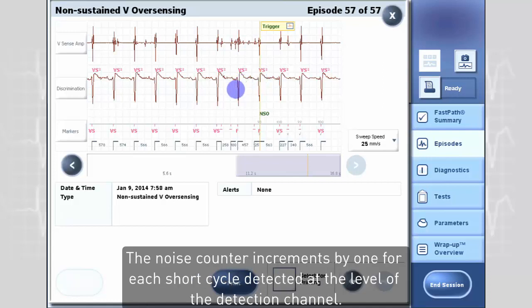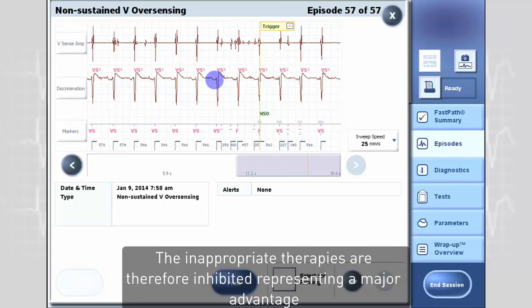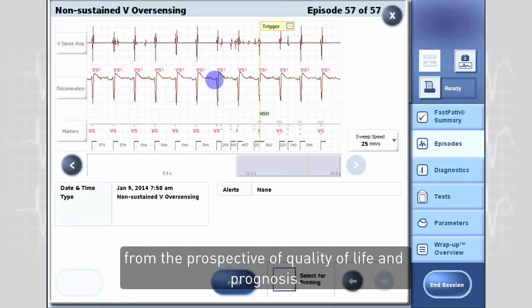The noise counter increments by 1 for each short cycle detected at the level of the detection channel, and the absence of short cycles on the discrimination channel explains why it is not reset to 0. The inappropriate therapies are therefore inhibited, representing a major advantage from the perspective of quality of life and prognosis.